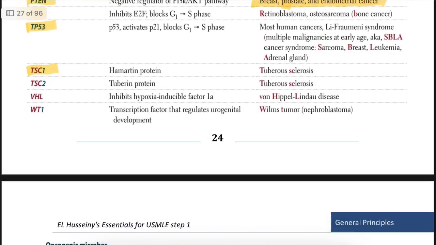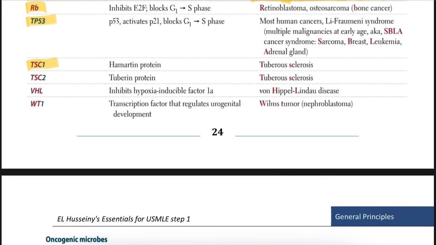Okay. Next one, TSC1 and TSC2: hamartin and tuberin, tuberous sclerosis. Next one, VHL. VHL means von Hippel-Lindau disease; it inhibits HIF1A and is associated with hemangioblastomas, RCC or pheochromocytoma.